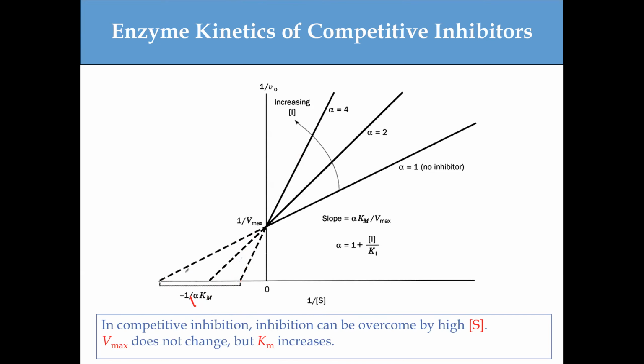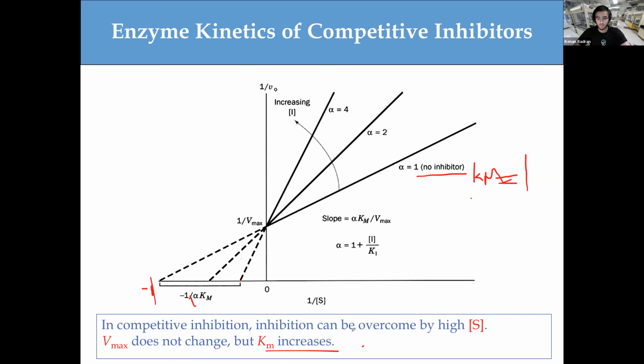Now, let's look at the case where there is no inhibitor. Let's assume this is -1. Therefore, Km here is 1. Now we said when we give a high concentration of an inhibitor, Km would increase. It would go up.